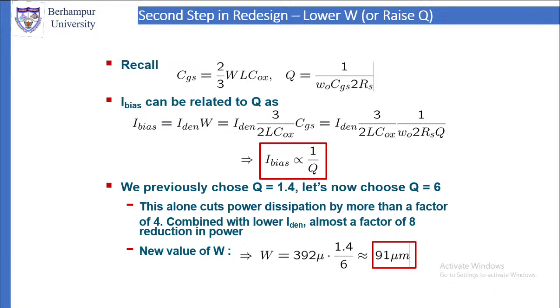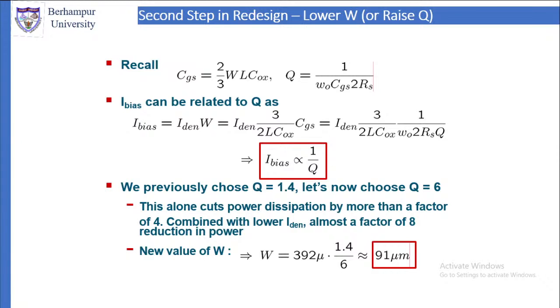Looking at this expression for I bias, we can say I bias is proportional to 1 by Q. We have already chosen Q to be 1.4 earlier. Now let us choose Q to be 6. This choice of Q of 6 alone will cut power dissipation by more than a factor of 4.